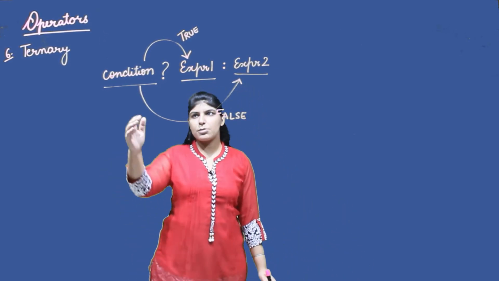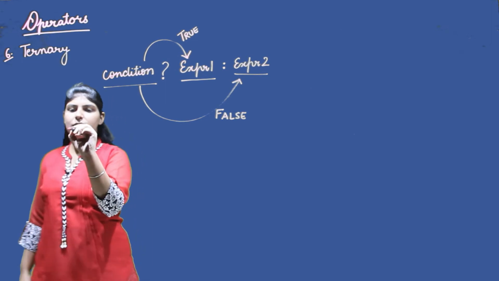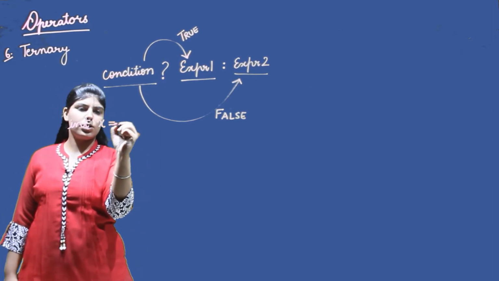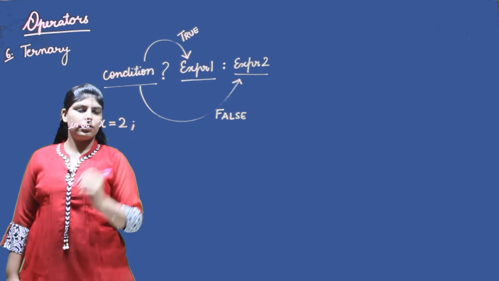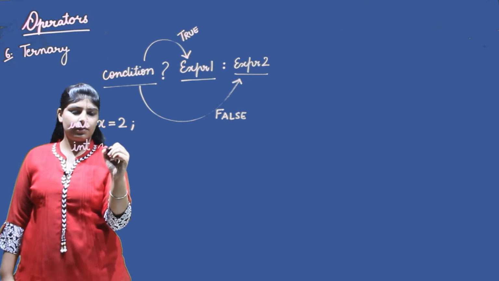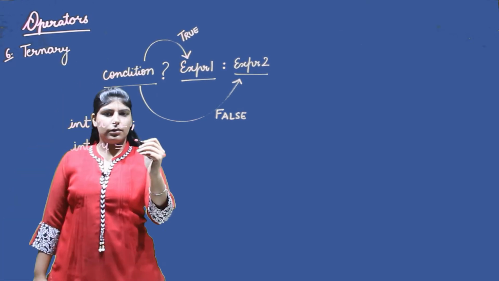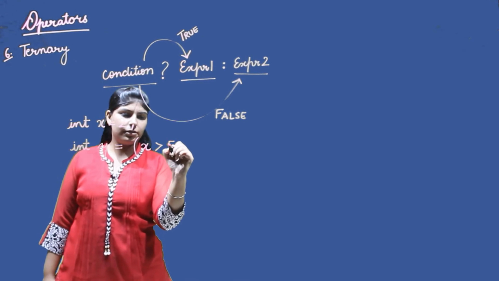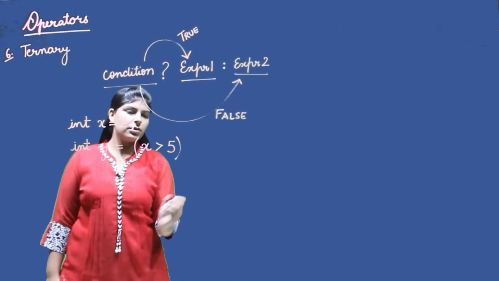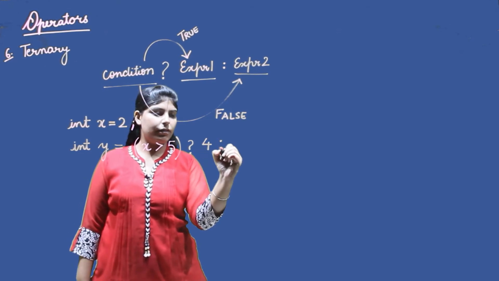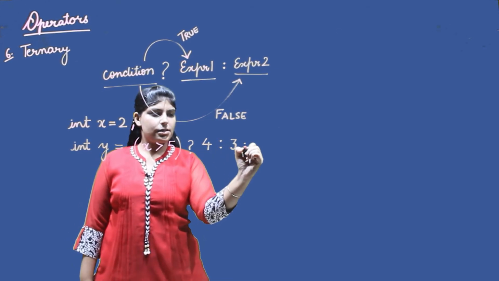Let's take an example to see how this works. Suppose I have a variable int x is equal to 2. I have another variable y, x greater than 5. This is a condition. Then I have a question mark 4 colon 3 semicolon.